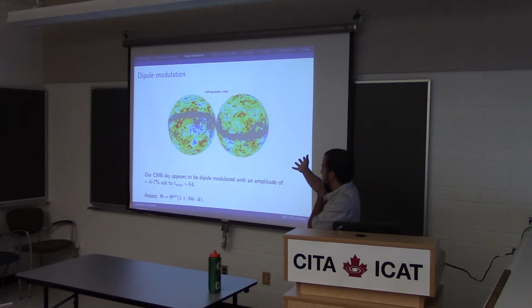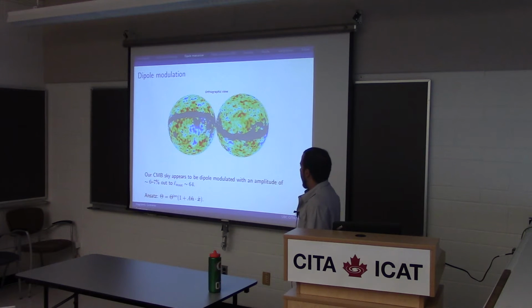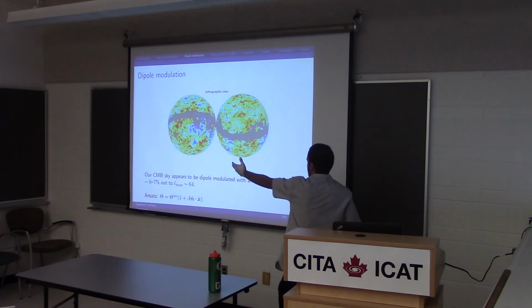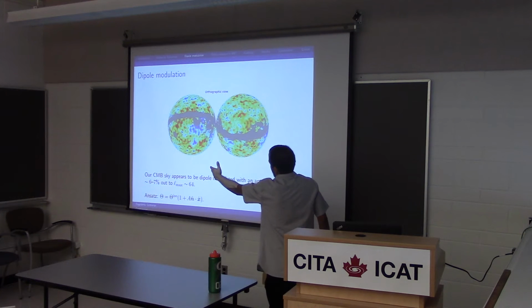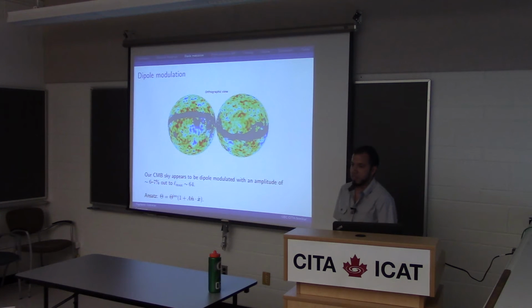So this has been around for a while, since before WMAP even. And what I've done is I've shown the exact same data, except I filtered out some of the small scale stuff. So you notice the blobs here are bigger than normal. And I've centered the left side on the hemisphere that appears to have more power than the right side.